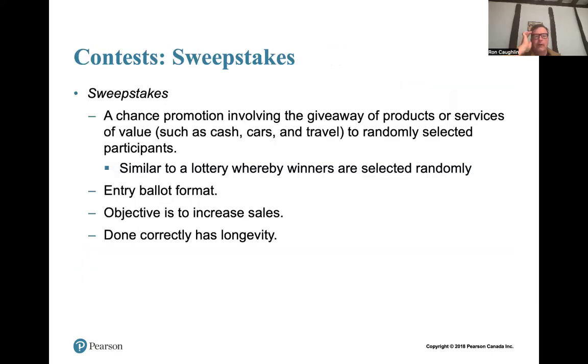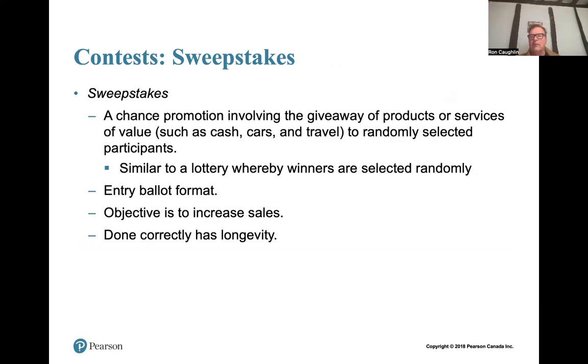So another type of promotion is a sweepstakes, which is a chance promotion involving a giveaway of a product or service, like cash or cars, and winners are randomly selected from participants, similar to a lottery. So Tim's could be considered that, I guess.